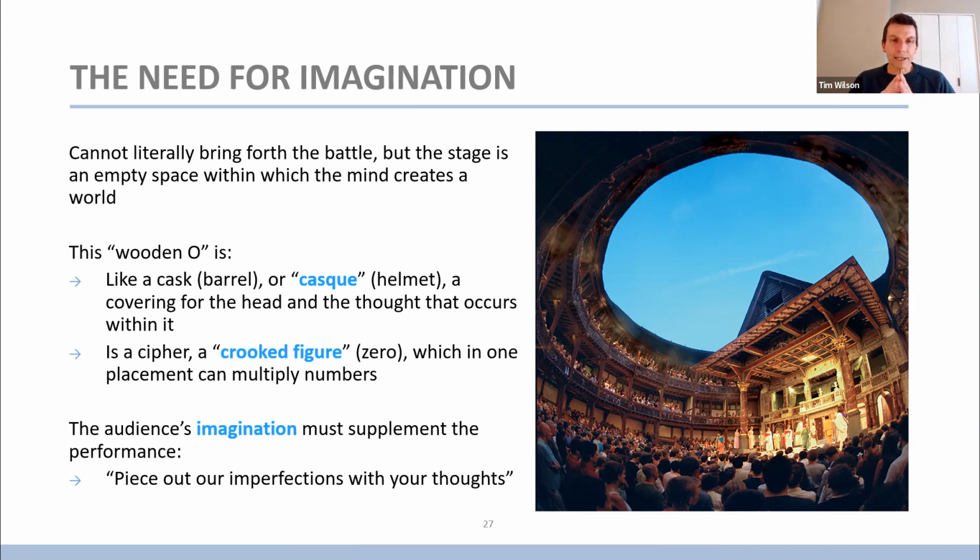And this notion of a cipher or crooked figure represents a zero that in its placement can multiply numbers, can create a million, as he says there. That's another way in which this wooden O becomes different figures: a casque, a barrel, a helmet, something you wear on your head, a zero or a cipher, and also this empty space for the imagination. "Piece out our imperfections with your thoughts."